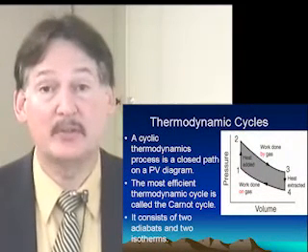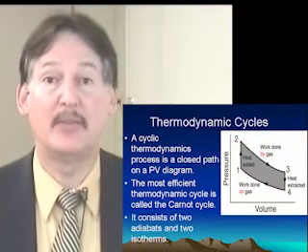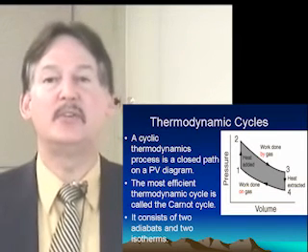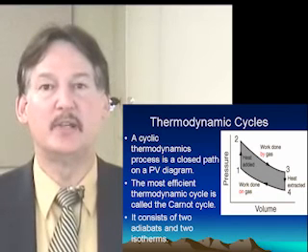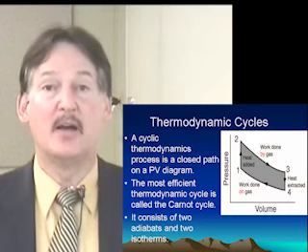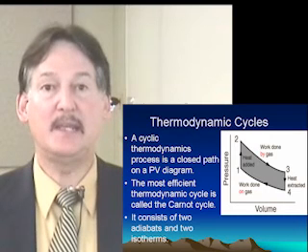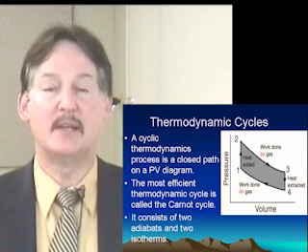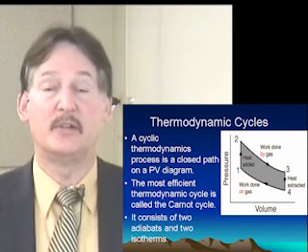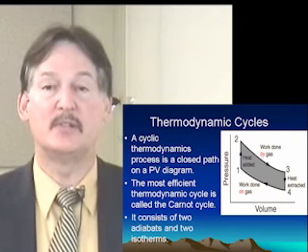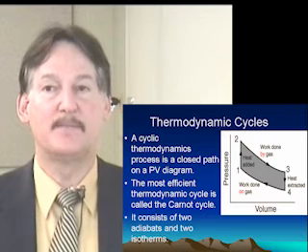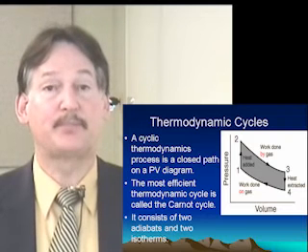A thermodynamic cycle is a closed path on a pressure-volume diagram in which the system is taken through changes, these processes we talked about, for the purpose of extracting work from heat and maximizing that process. And we call this a heat engine because to extract work or to get work out of a system from the use of heat is our purpose.